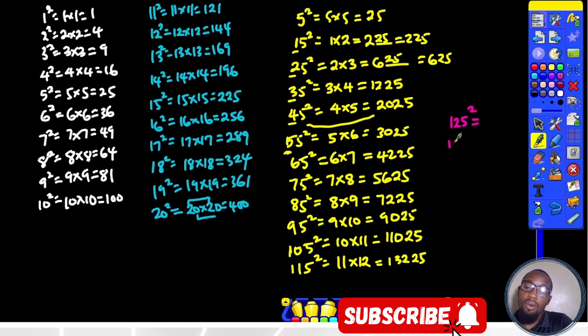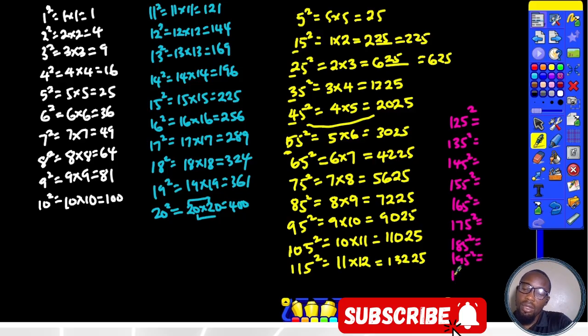You can try 135 squared, 145 squared, 155 squared, 165 squared, 175 squared, 185 squared, 195 squared. This is going to be 205 squared.